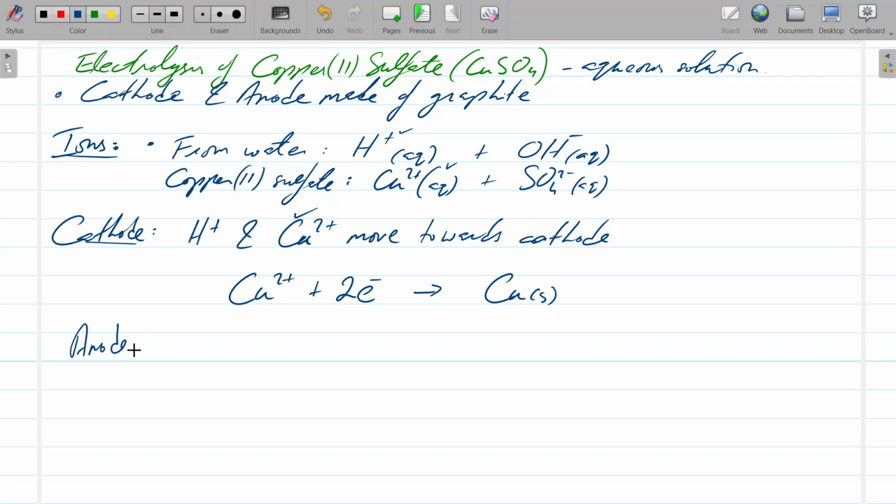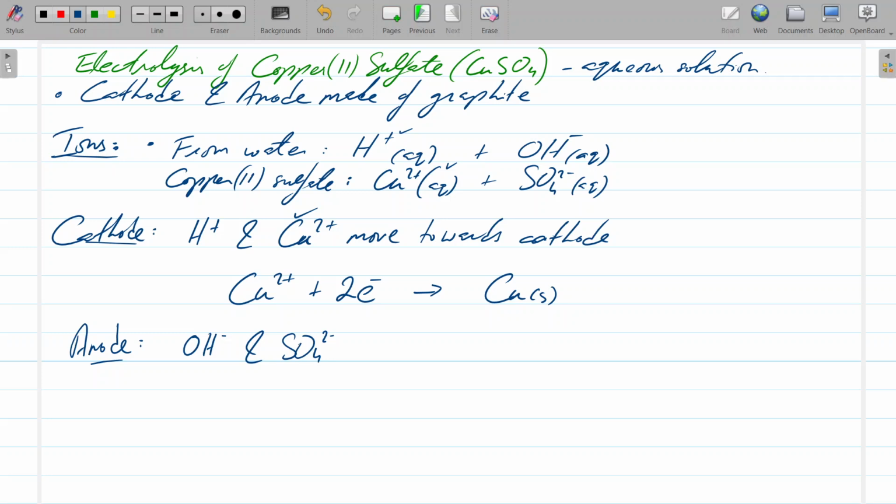So we know the two anions that we have are the hydroxide and the sulfate, and both of them are moving towards the anode. Comparing these two, the hydroxide ions, because they are negatively charged, have more electrons than they require, so to speak.